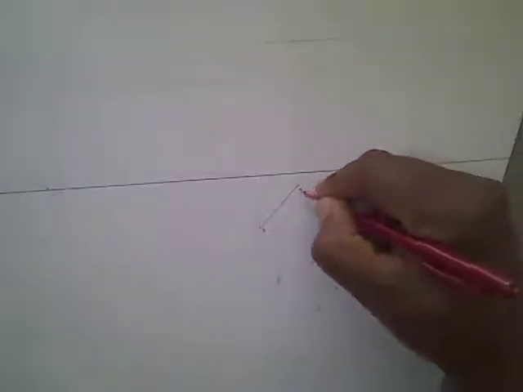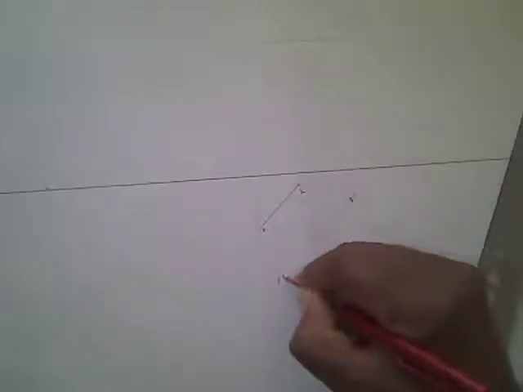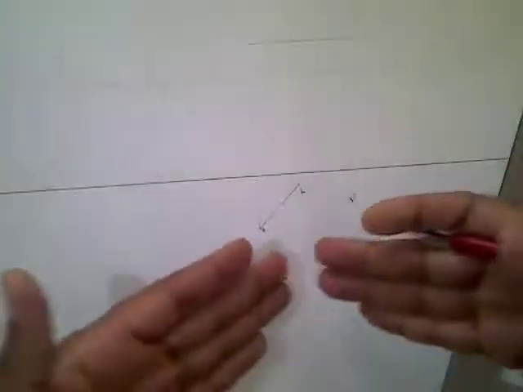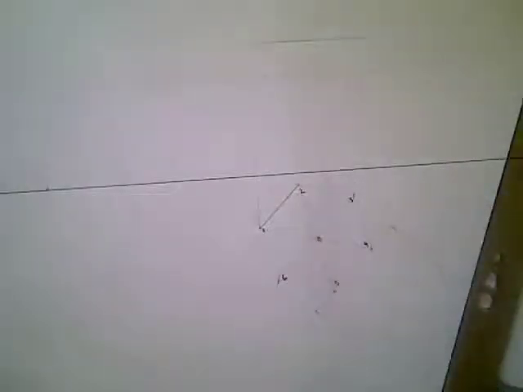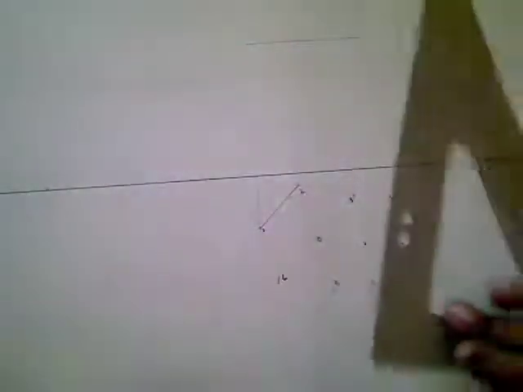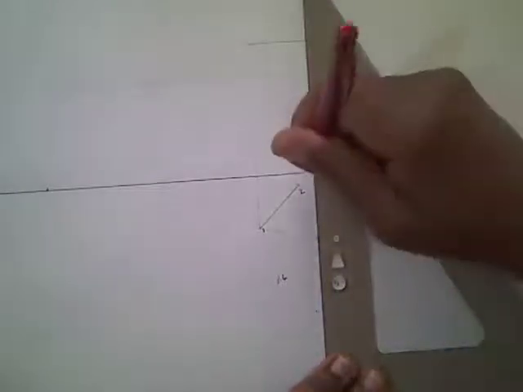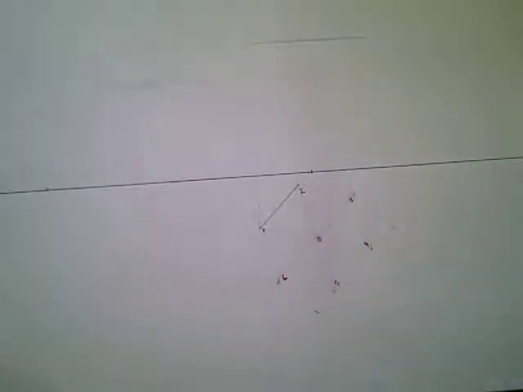I'm numbering it here: 1, 2, 3, 4, 5, 6. I don't want to get confused. And then where they meet at the apex, I call it a 0. From my drawing, you can see 0 is here at the bottom. They all converge to 0. The reason I'm using a red pen is for your benefit, so that you are able to see where my hexagon lies.